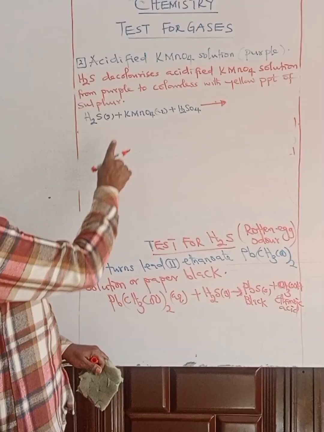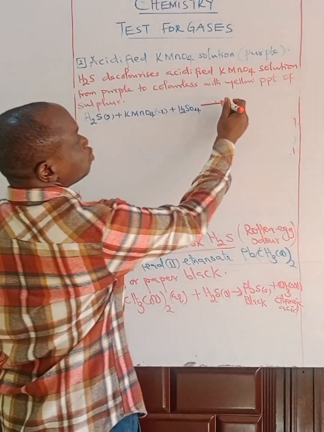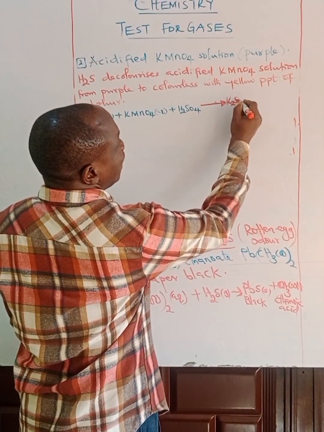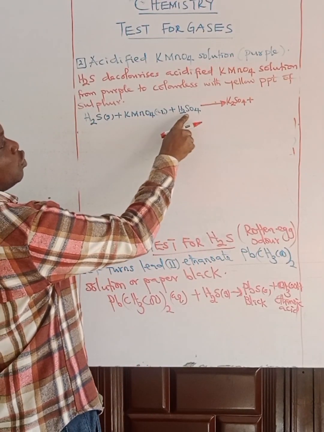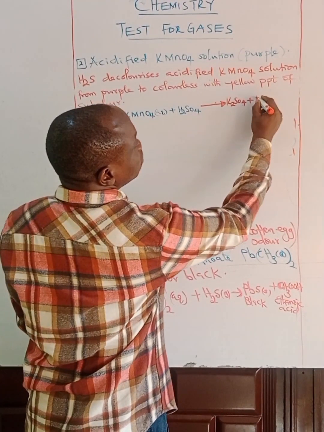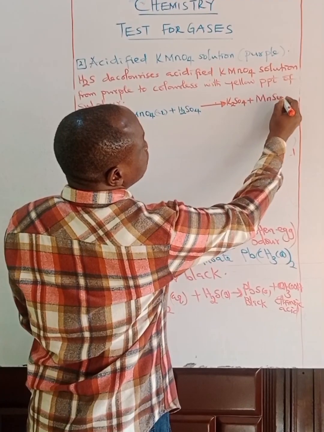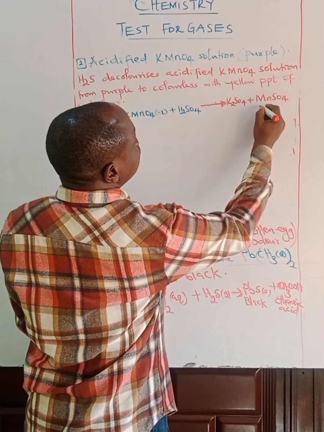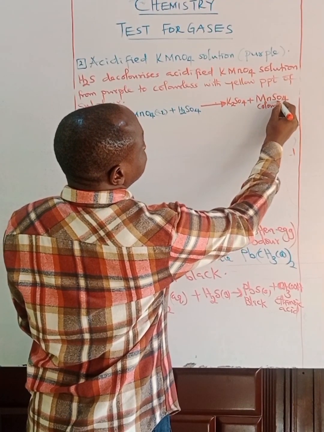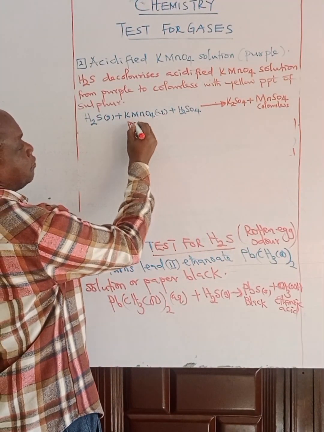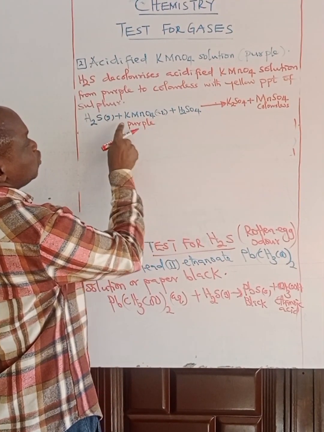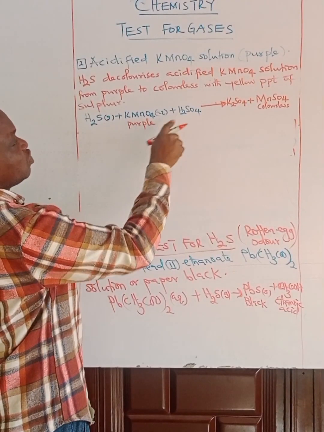How do you form this equation? K will go to SO4 to be K2SO4. Manganese 7 turns to manganese 2, so we have manganese 2 sulfate. This one is colorless. Manganese 2 is colorless, while manganese 7 is purple.